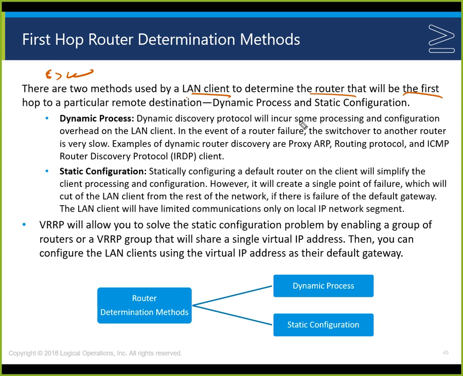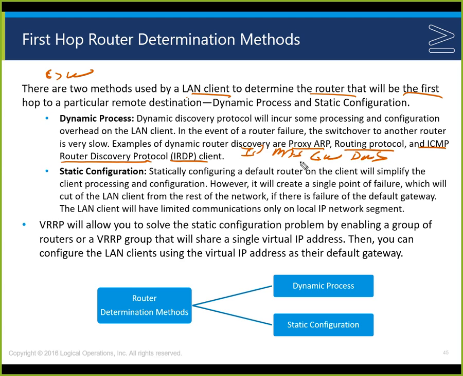One is a dynamic process, with some processing and configuration overhead, and it's the same thing that we talked about earlier: proxy ARP, routing protocol, ICMP route discovery protocol client. We're probably not going to see those things in our workstation. We're going to go in with a static configuration, and even with DHCP, we're going to get an IP, a mask, a gateway, and a DNS server.